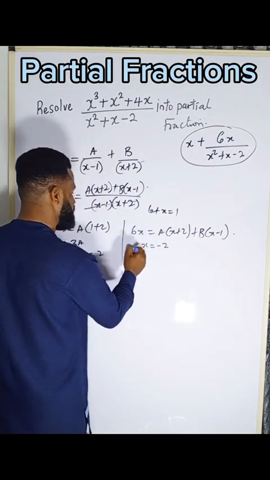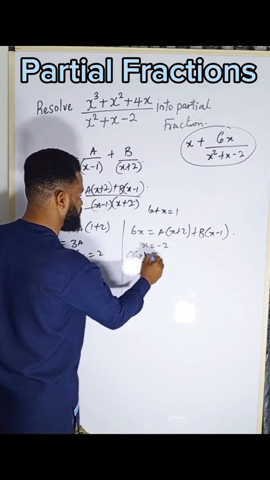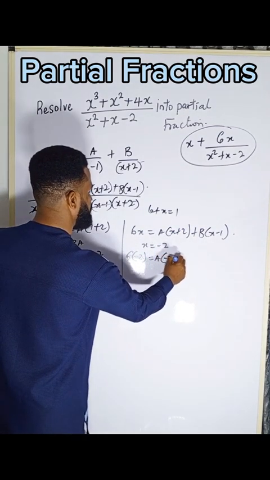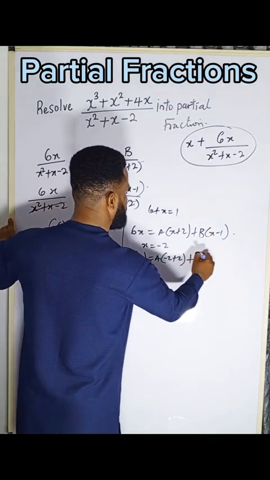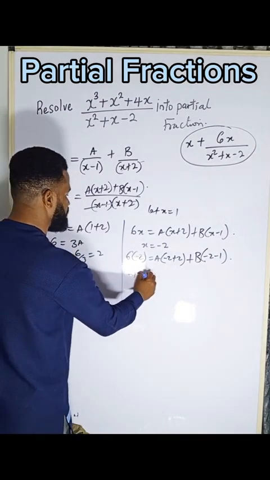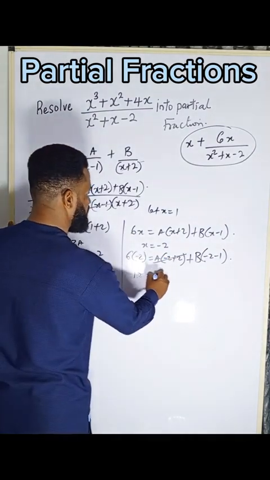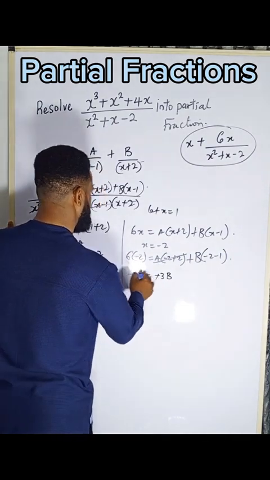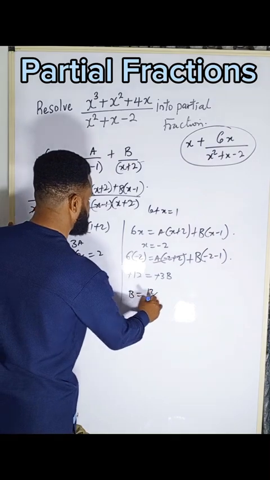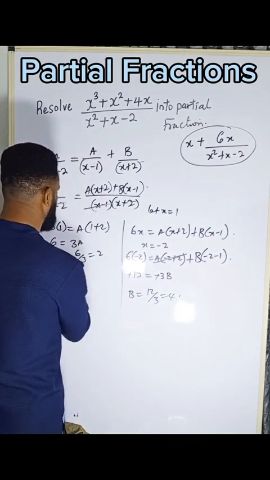So this is 6 bracket minus 2 is equal to A bracket minus 2 plus 2, which is 0, plus B bracket minus 2 minus 1. So this is minus 12 is equal to minus 3B. The minus cancels to plus, so B is 12 divided by 3, which is 4. Therefore, B is 4, A is 2.